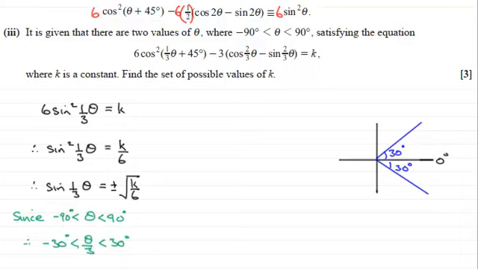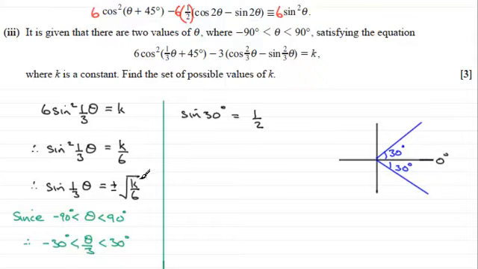So we're looking then at the sine of 30 degrees. Sine of 30 degrees, we should know, is equal to a half. So what we're going to have here for the sine is plus a half, and for this one, being in the fourth quadrant, sine is negative, this will give us minus a half.